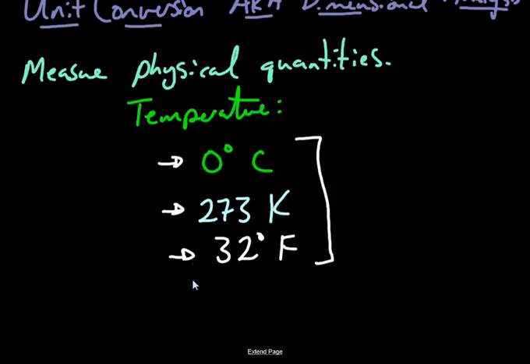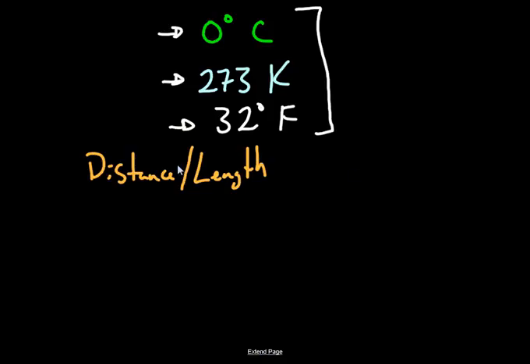All right, so another example of this could be distance, or length if you want. The physical quantity is how long something is, and you could say it is 1 meter long. You could say it's 100 centimeters long.